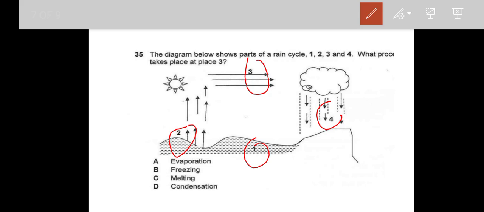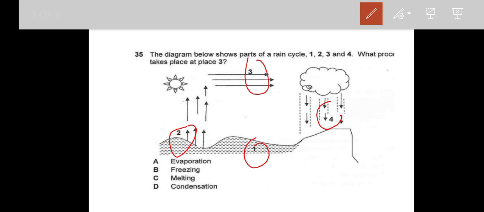So let's first identify the process that is taking place. Stage 1 is just water in the river there. So there's not much of a process taking place there. Then stage 2, the water, the liquid, is turning into a gas. What process is that, where liquid turns into a gas?